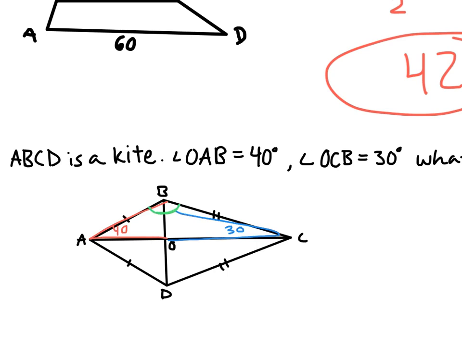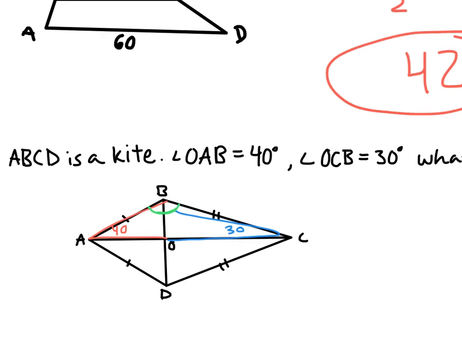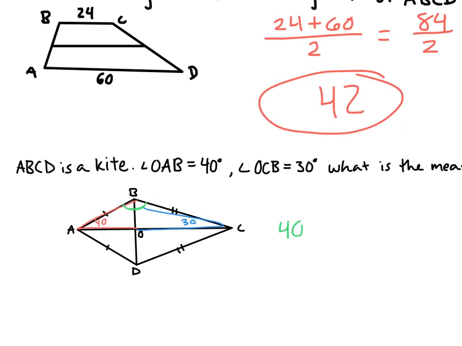So we're looking for this angle up here. How can we find that angle? So what are we adding? 40 plus 30 plus x equals 180. Perfect.